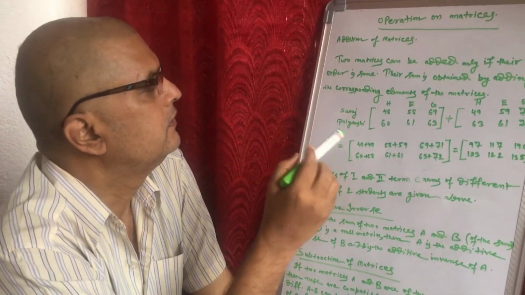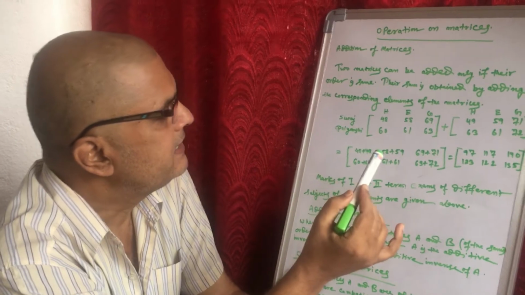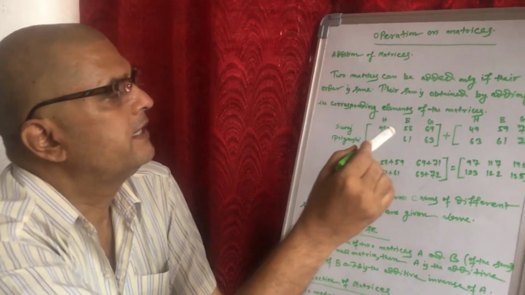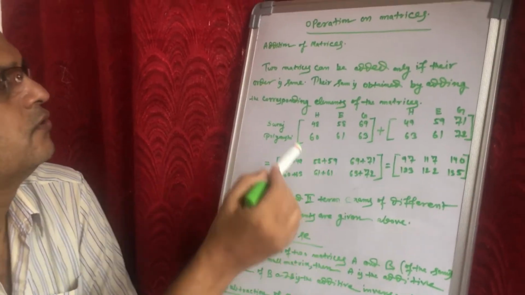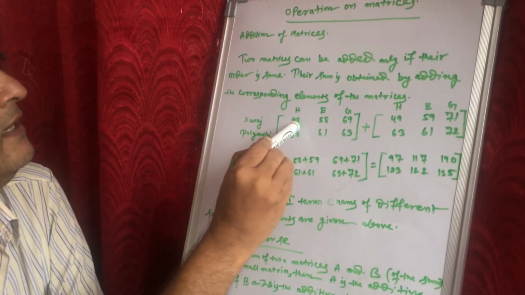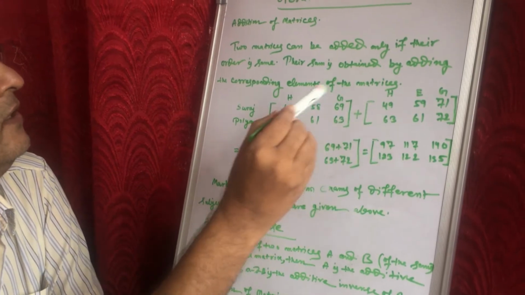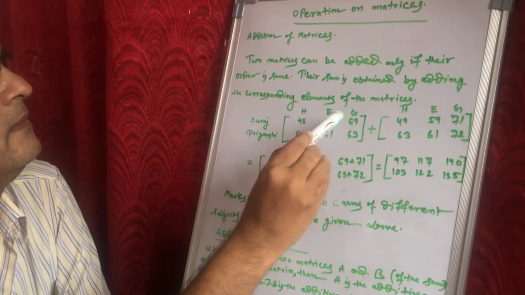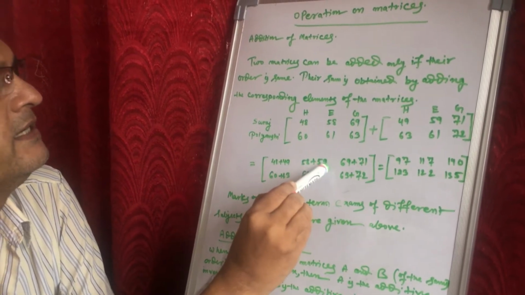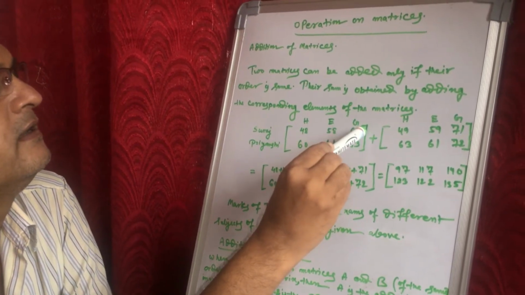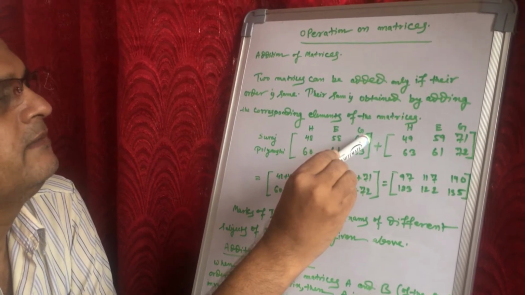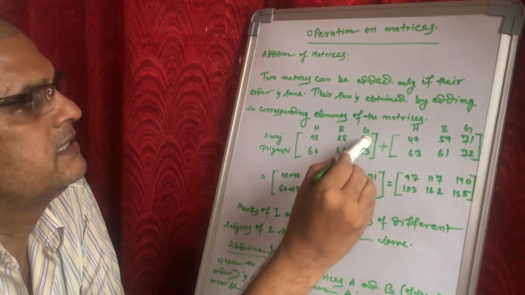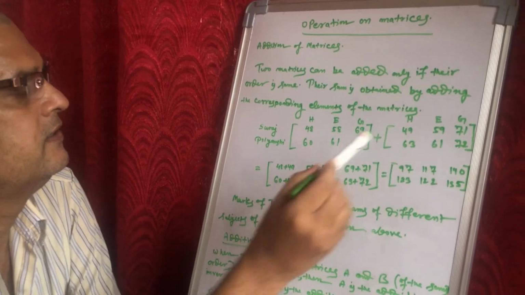Now the marks can be added in this process. I have to add the corresponding elements. So 48 will be added with 49, 58 plus 59, 69 is added with the corresponding element of the second term, that is 69 plus 31.